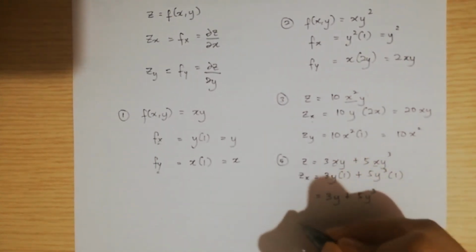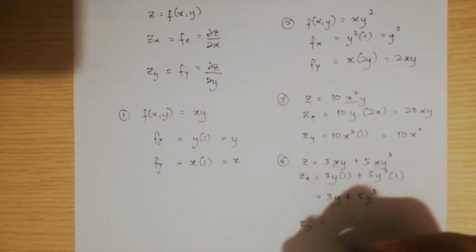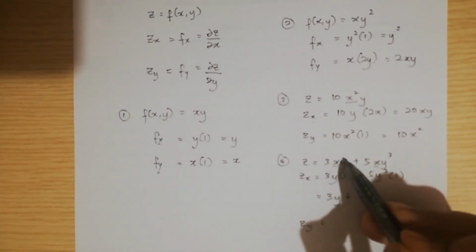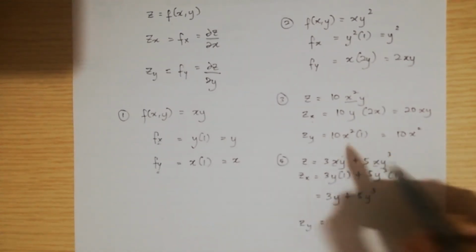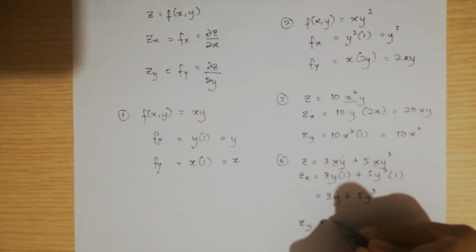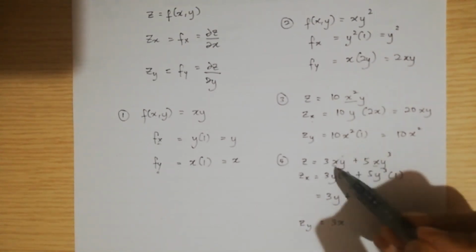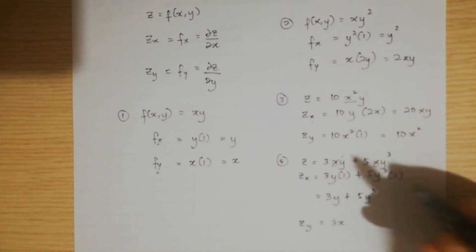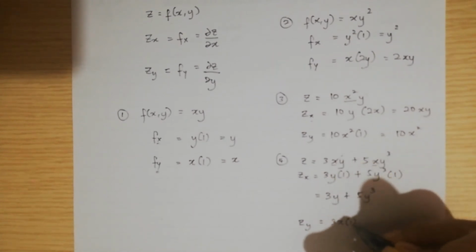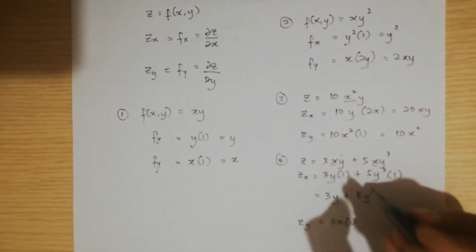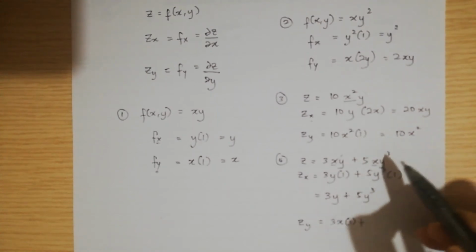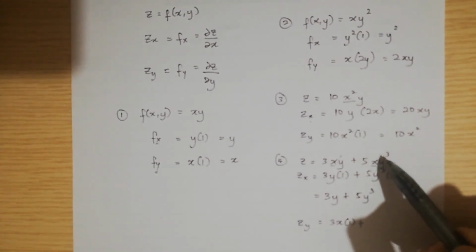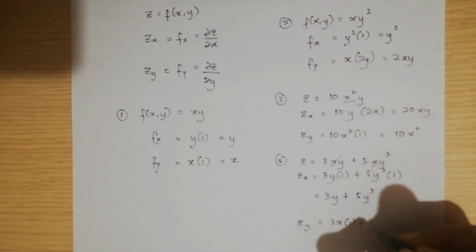Okay, and you can find zy. Now just look at the y, which is here. So 3x is treated as constant. Differentiate y with respect to y, that will give you 1, plus, again just focus on the y here, which is y to the power of 3, so the rest, 5x, you treat as constant.